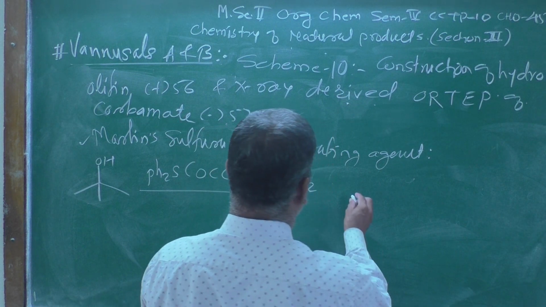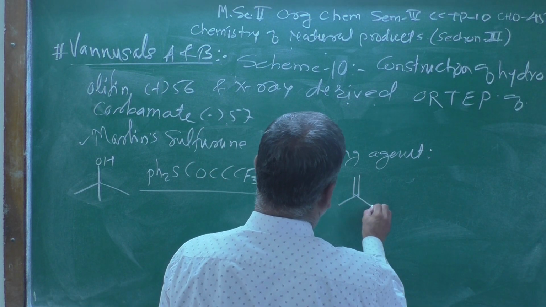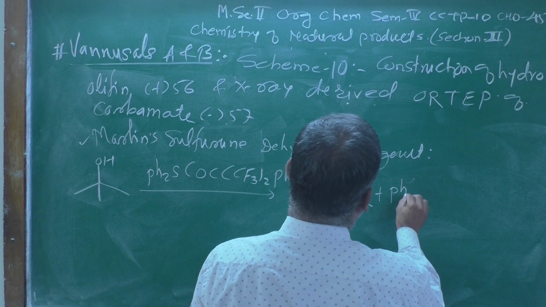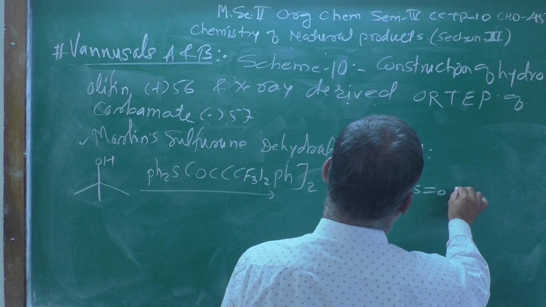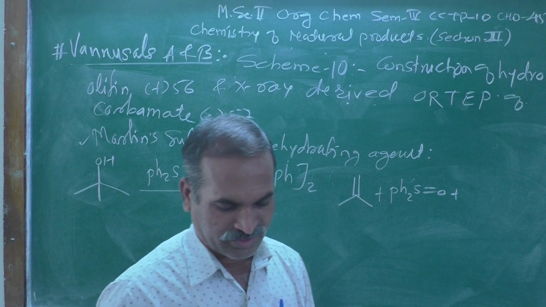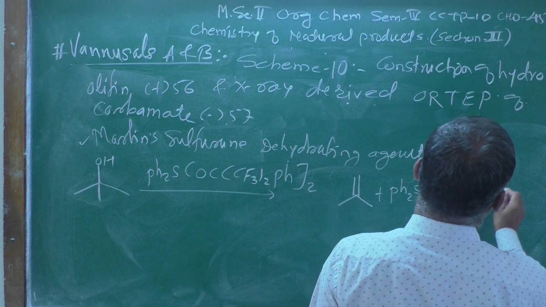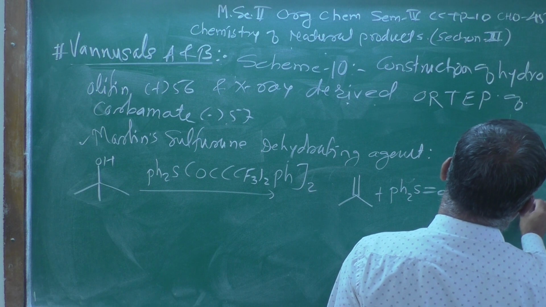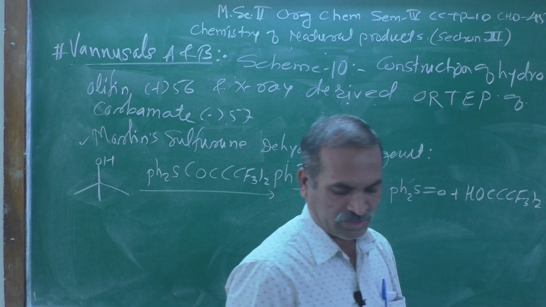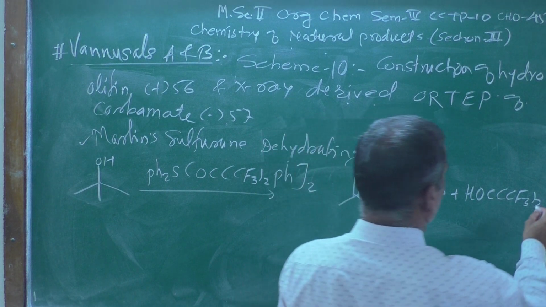you get? You are going to get the product, this one, plus Ph2S=O, as well as HOC(CF3)2Ph.